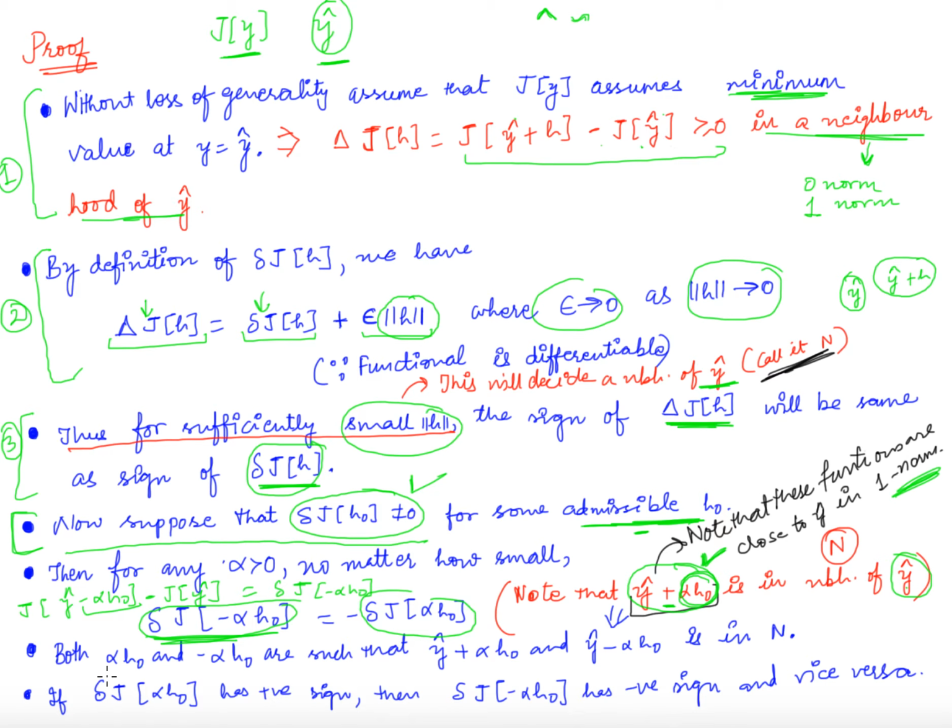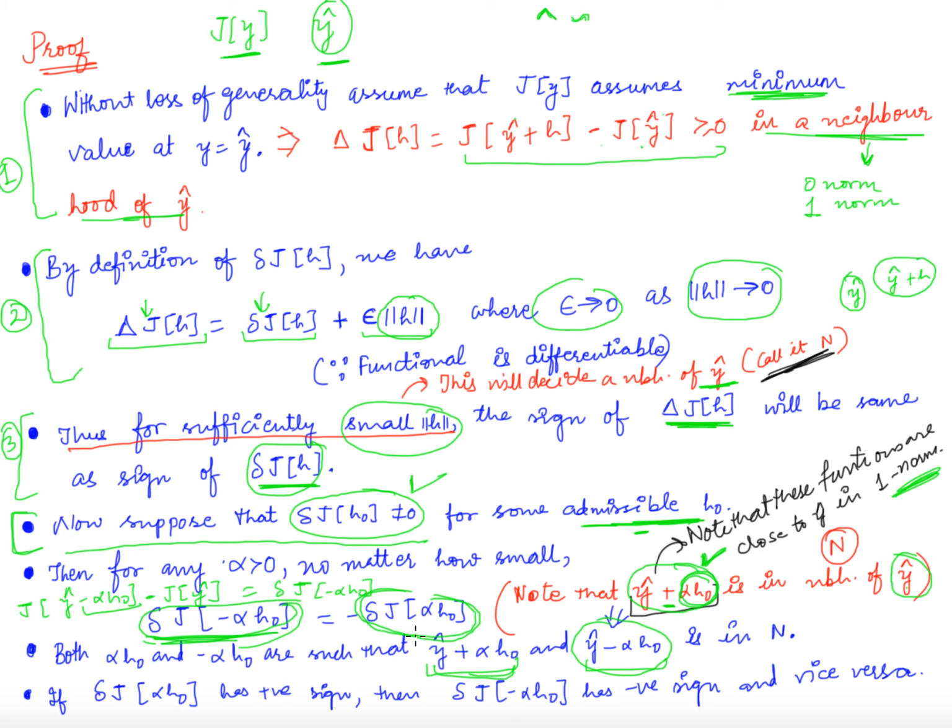Also you have to see that the function y hat plus alpha h naught as well as y hat minus alpha h naught are both in N. Both are close to y hat. If we choose one function, then the variation is this; if we choose the other function, then the variation is without the negative sign.